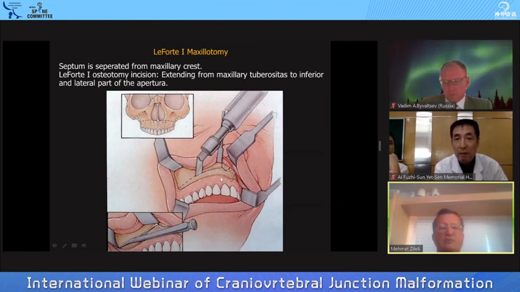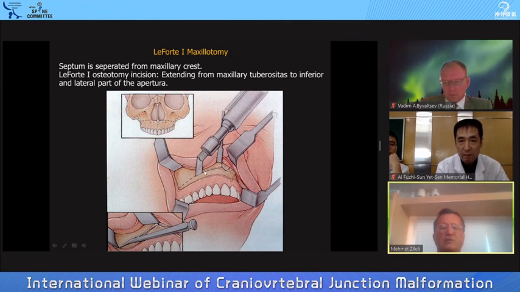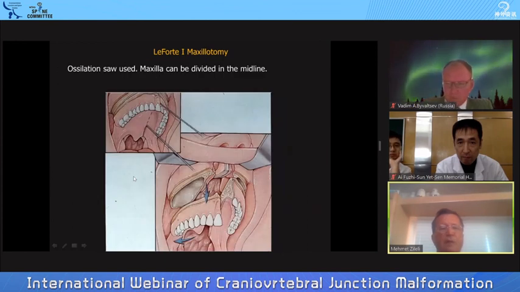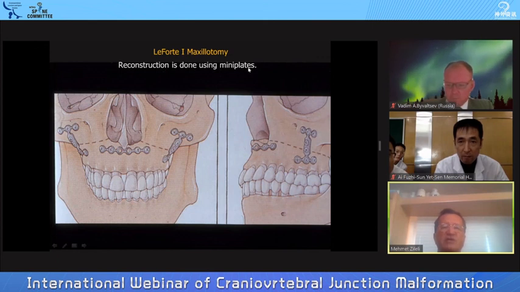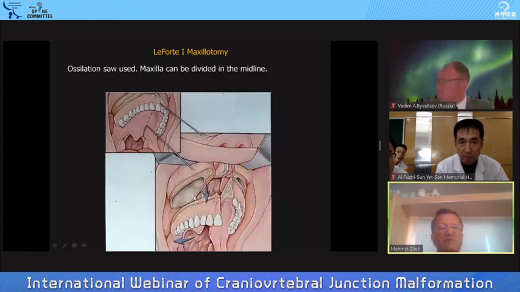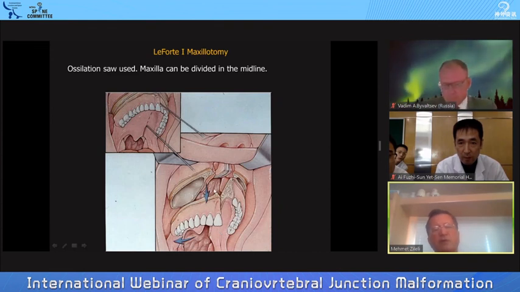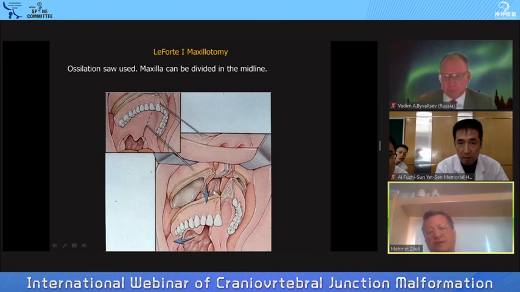Then by using an oscillating saw, you can make an osteotomy. You can also, if you wish, divide the maxilla in two parts. At the end, reconstruction is done using mini plates. After removing the maxilla, all the clivus is in your view in the midline.